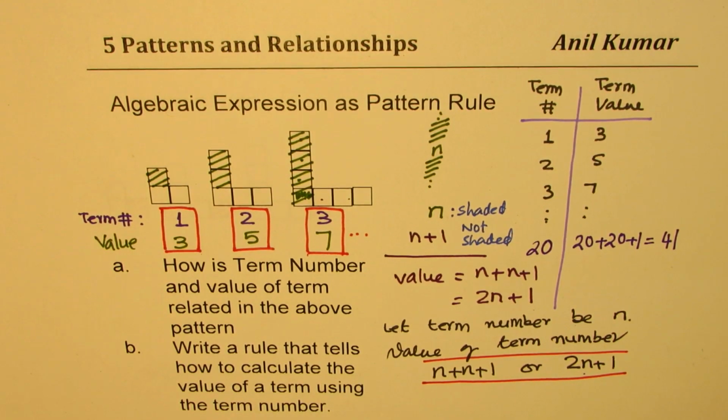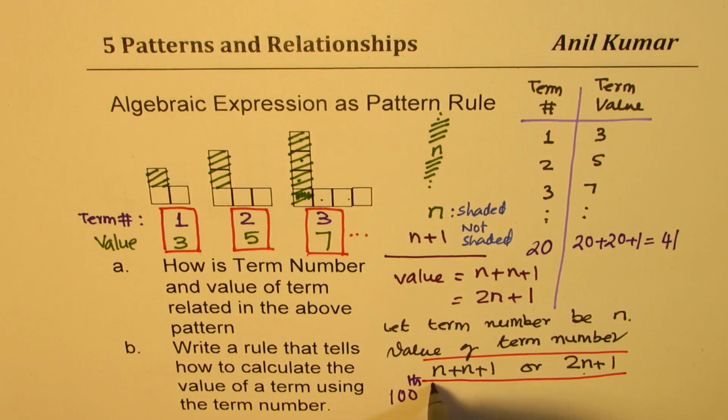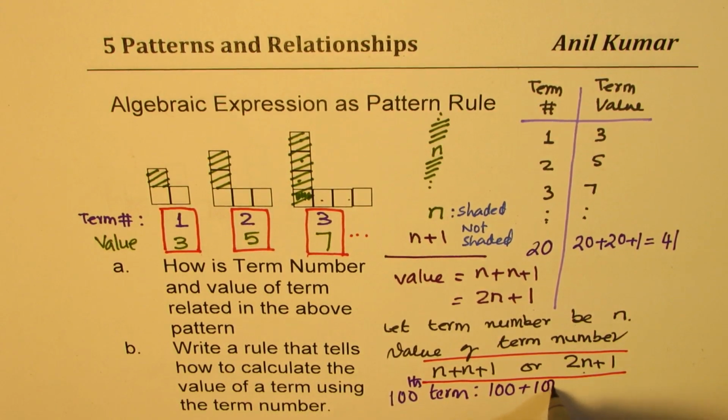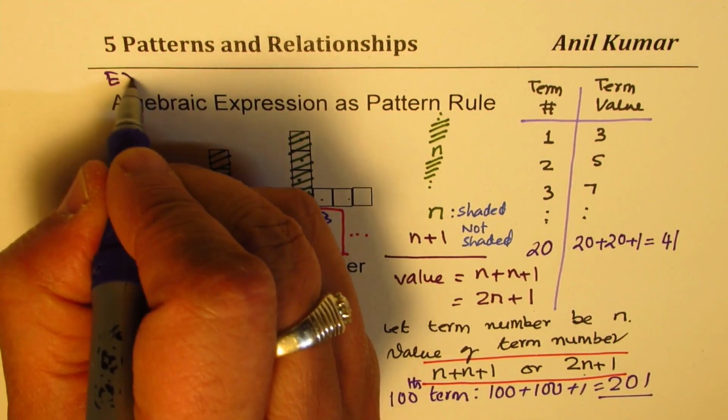So I hope now you understand how to find the number of squares in, let us say, the 100th term. In the 100th term, how many will be there? Well, it will be 100 plus 100 plus 1, that is 201. Simple as that. We do not have to add all of them. And this type of pattern rule is called an explicit pattern rule.